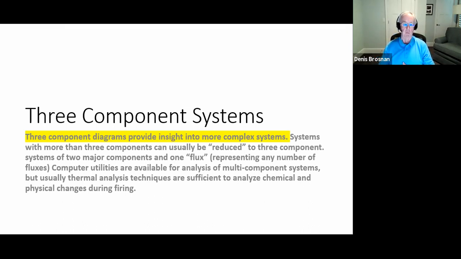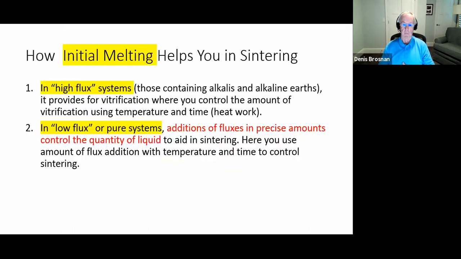But we're going to look at three-component systems anyway, and remind you that we have high flux systems or vitrified systems where the alkalis, alkaline earths, and other fluxes control vitrification, provide for vitrification. And if we put in enough heat work, we get enough melting, we cool the product off, we've made a vitrified ceramic.